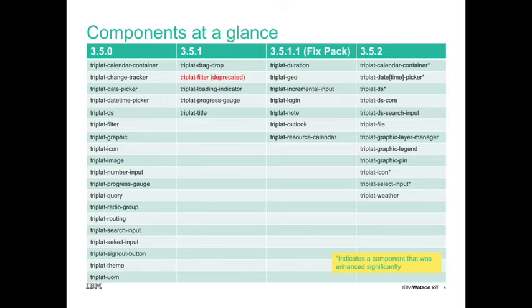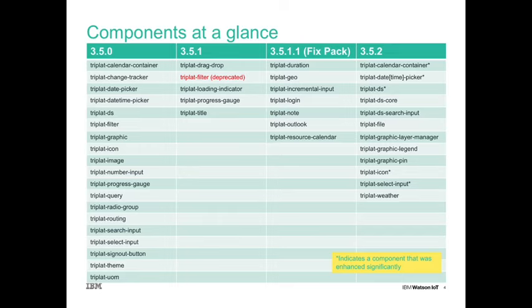So if we take a look at the components at a glance, I've separated the components here by release. Our initial release of the UX framework was in release 3.5.0. You can see that we progressively made changes across each of the releases. 3.5.1.1 was actually a fix pack, but we added several new components in that release.